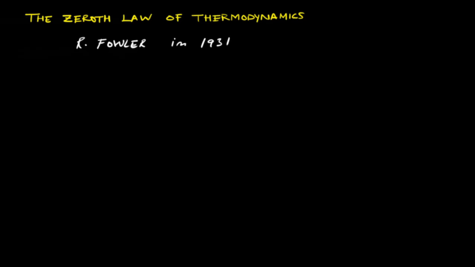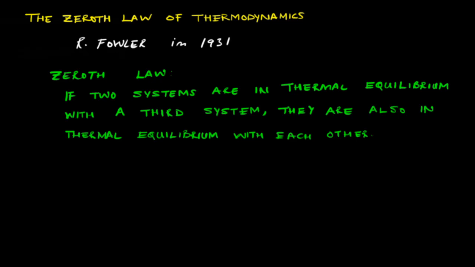Now let's look at what this zeroth law of thermodynamics states. The zeroth law states that if two systems are in thermal equilibrium with a third system, then they are also in thermal equilibrium with each other.